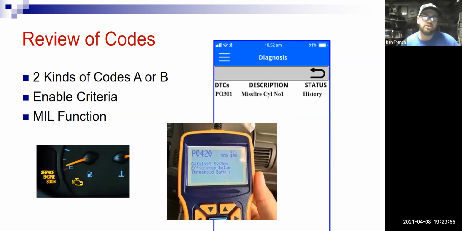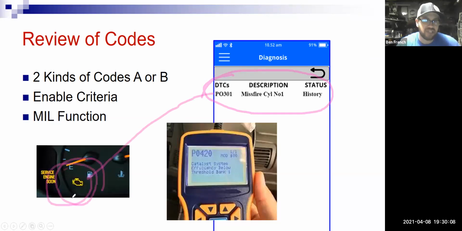Type A codes were things like your misfire codes. And the idea was that a type A code should set right away. And when it sets that code, it turns on the check engine light. A type B code, on the other hand, would be something like, oh, your catalytic converter failed its efficiency, or your evap system has a leak.